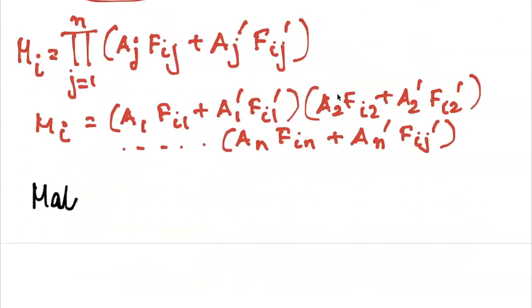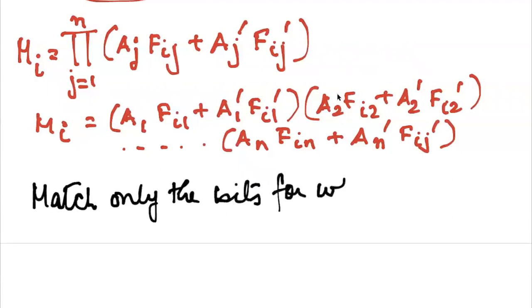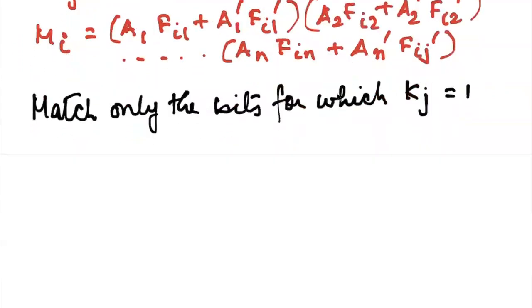Match only the bits for which Kj is equal to 1. Others we can ignore.